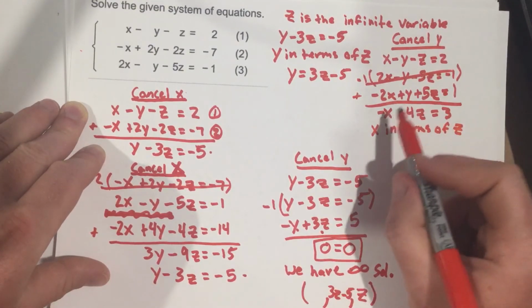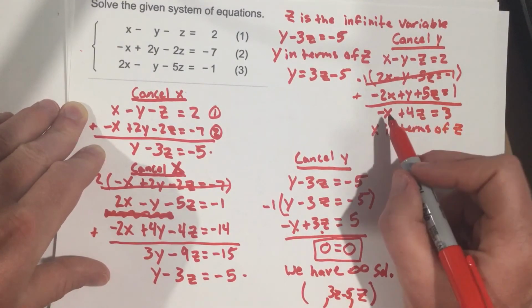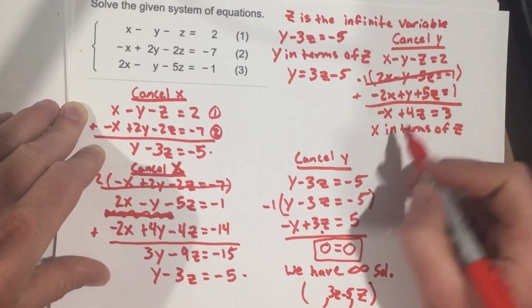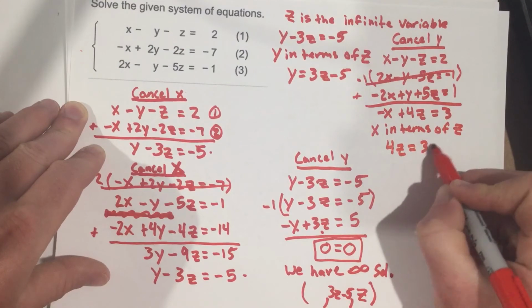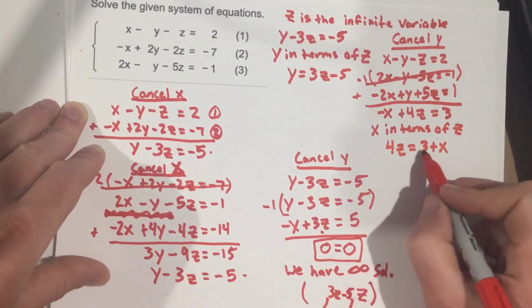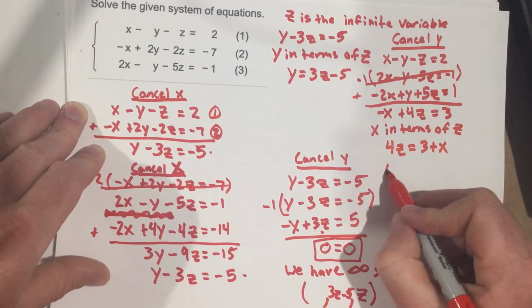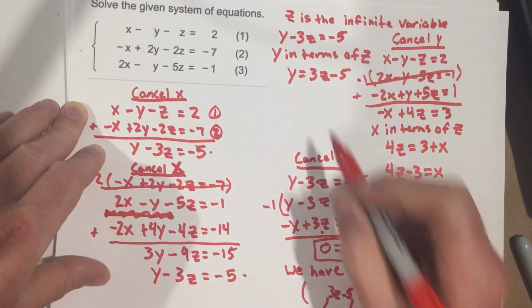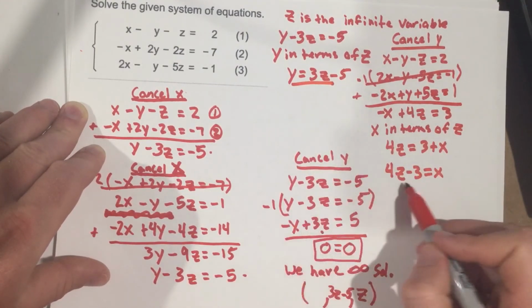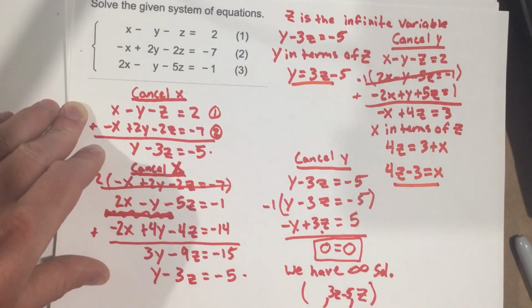So in order to get that, I'm going to add the x over, so it's 4z equals 3 plus x. Then I'm going to subtract 3, so it's 4z minus 3 equals x. Now, that was y in terms of z. This is x in terms of z.